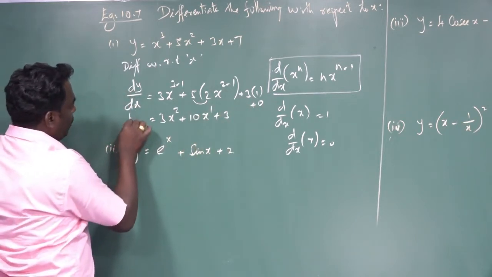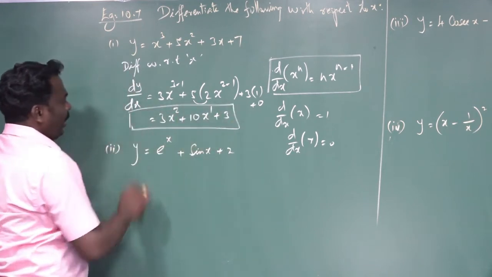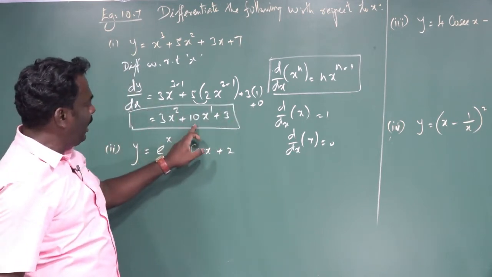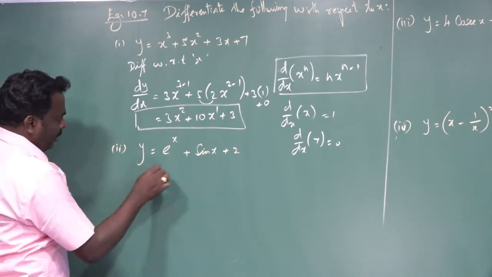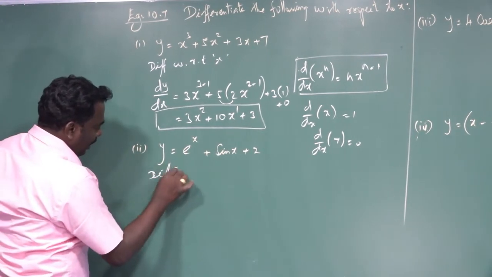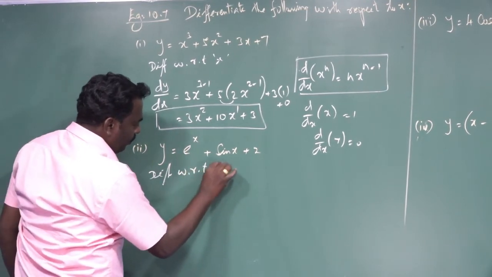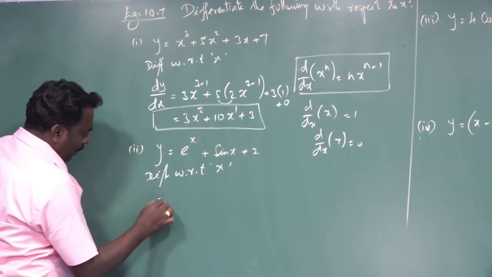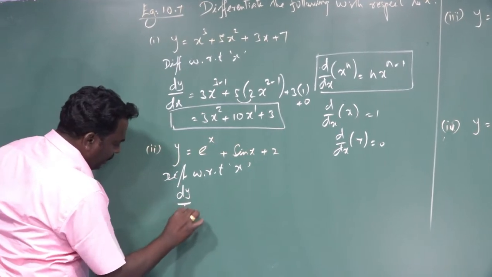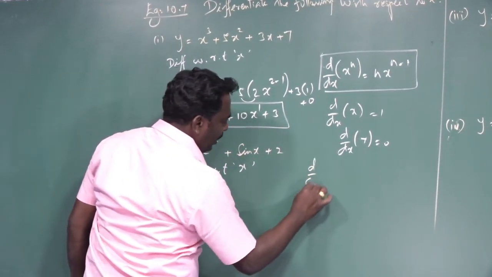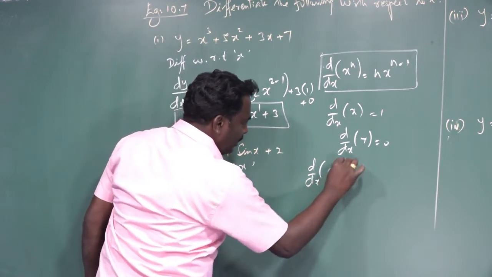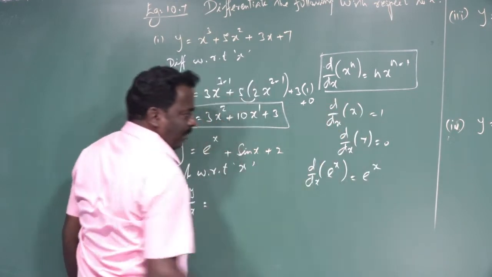And therefore the derivative of the given y equal to 3x square plus 10x plus 3. And similarly the second one, differentiate with respect to x. The y becomes dy by dx, that is equal to the differentiation of e power x, that is equal to the same e power x formula.